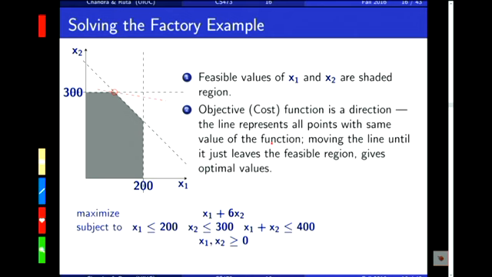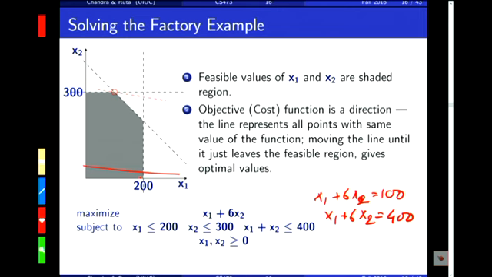And you will see that, if you have, say, x1 plus 6x2 equals 100, or x1 plus 6x2 equals 400, what can I say about these 2 lines? These will form 2 lines here, like that. Right?